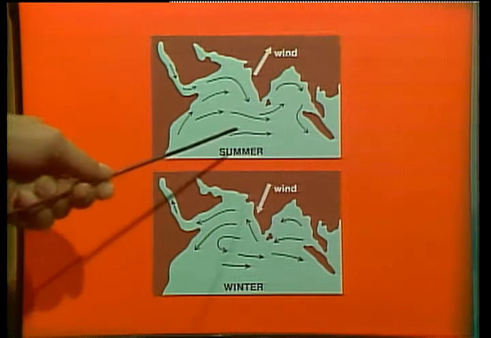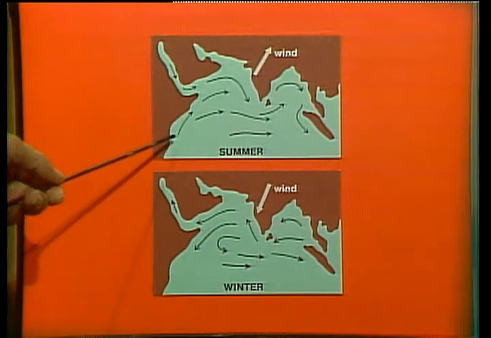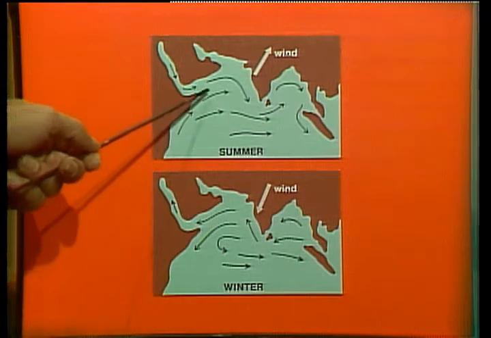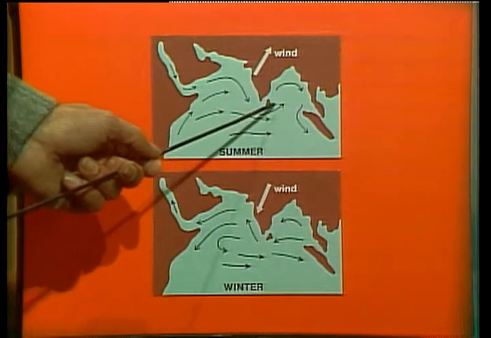And it acts long enough to completely change the circulation of the Indian Ocean to what it was in winter. So in the Indian Ocean, in the summertime, we find a circulation which looks the way I have indicated in the diagram. The predominant currents are to the east.